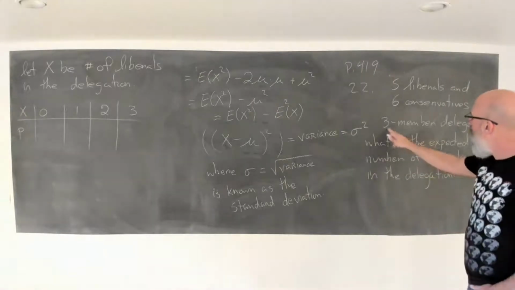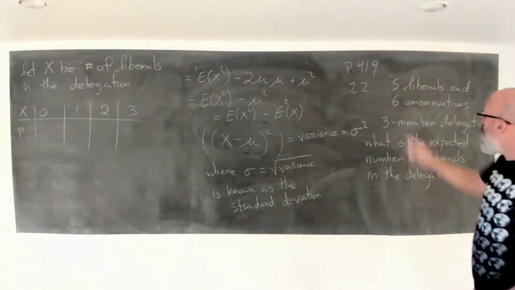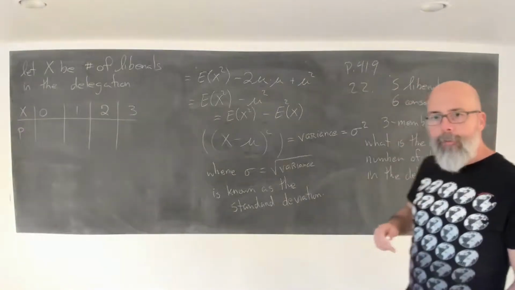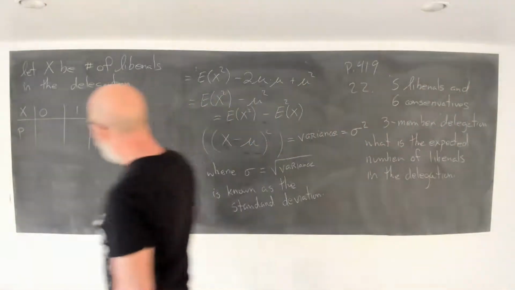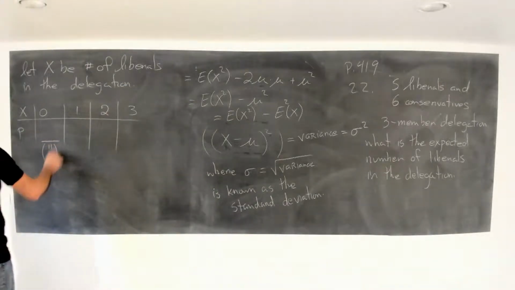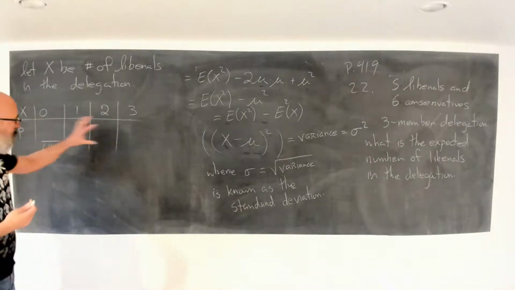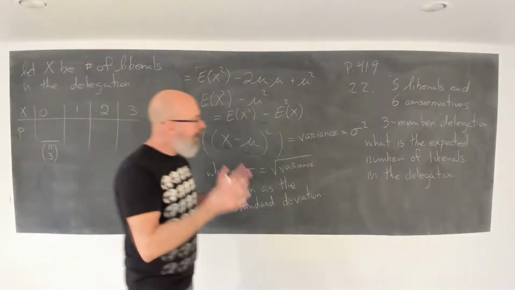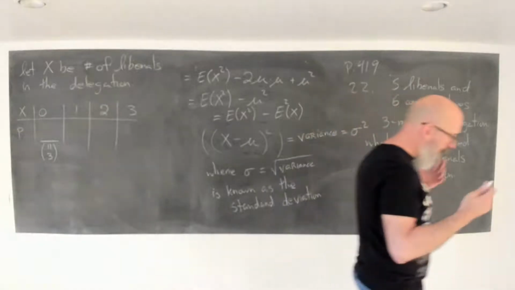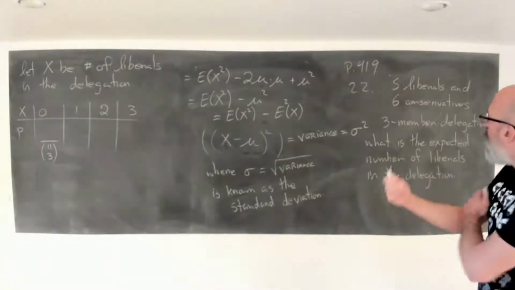So in how many ways can a 3-member delegation be chosen from 11 people? That is 11 choose 3. Your whole sample space, how many groups of 3 people can be made? 11 choose 3.